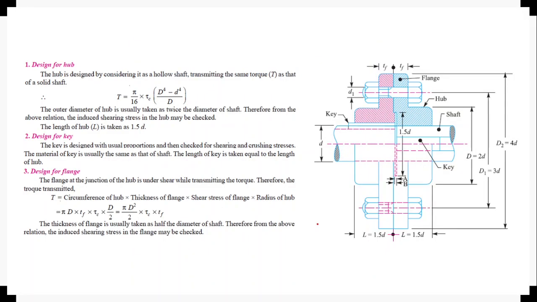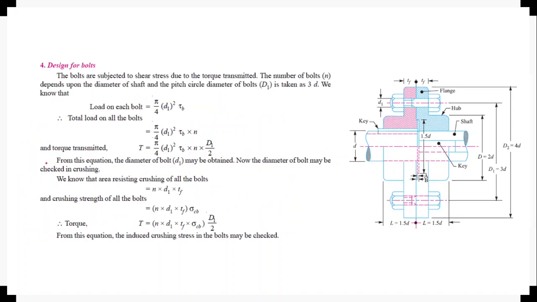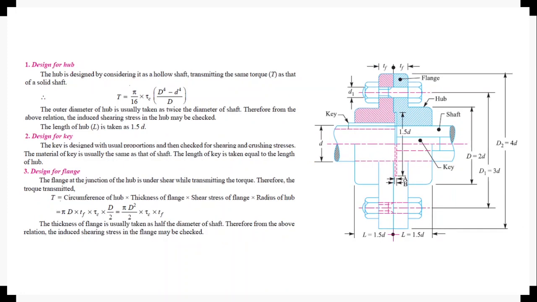Coming to the designing portion, there are distinct parts to the designing procedure. First one is design for hub, second one design for key, third one design for flange, and finally the fourth one design for bolts.